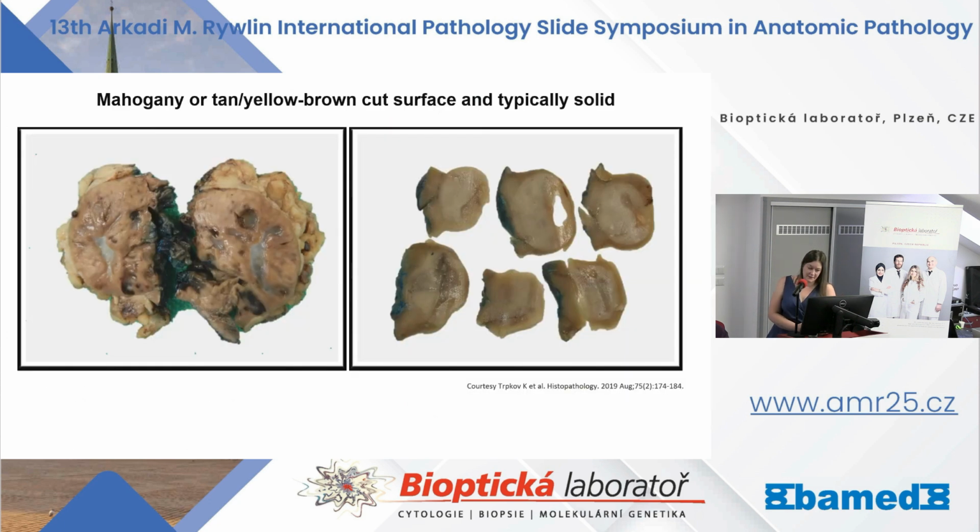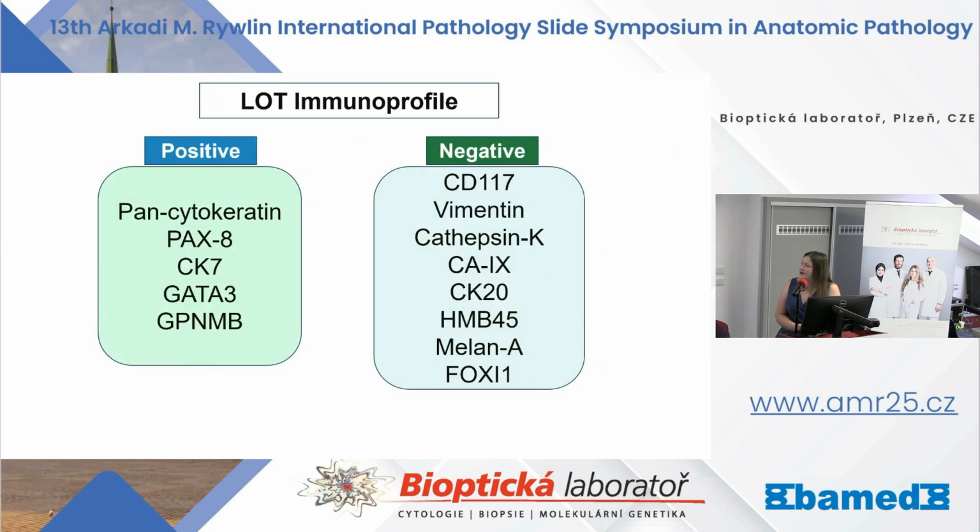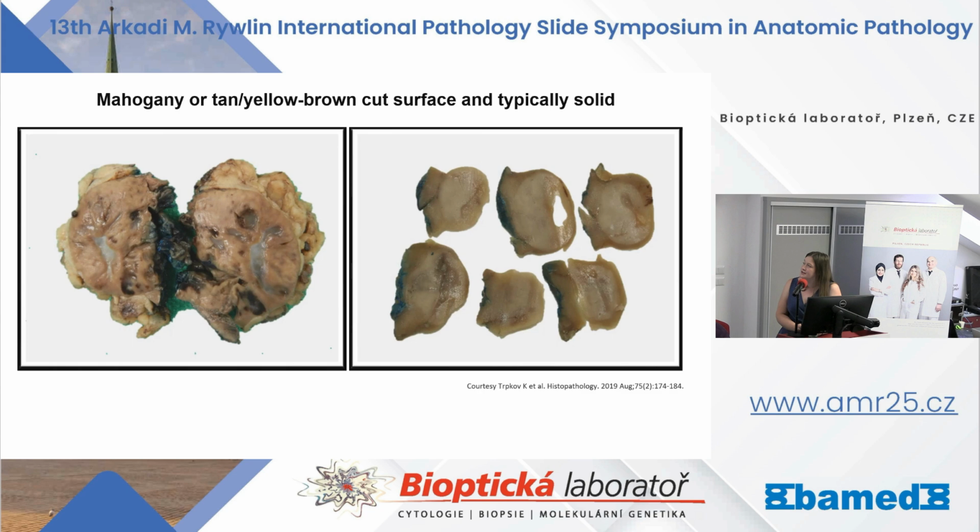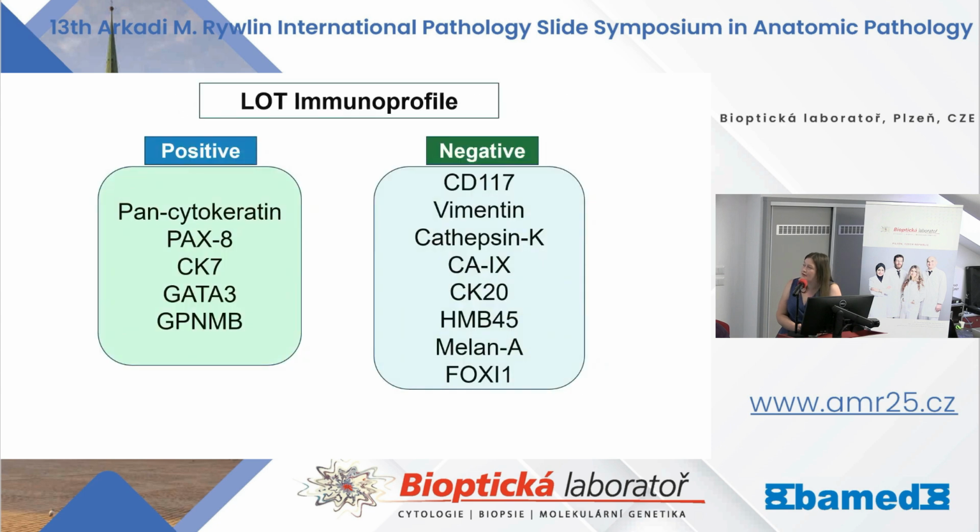Here you can see the typical macroscopic appearance from the publication with Kirill. You can see that it looks absolutely the same as other oncocytic tumors of the kidney, some scar area, mahogany, tan yellow, brown cut surface. So there is nothing special from the macroscopic point of view.